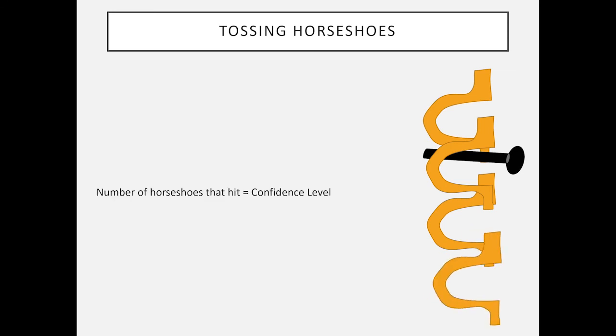The number of horseshoes that hit the target is the confidence level. That's like saying, in this case, it would be 25%. Previously, you had things like 80%. So it's like the chance that you're going to get the sample mean within the expected number. Top six students, calculate their average. We would expect it to be inside, a bit like hitting the target.